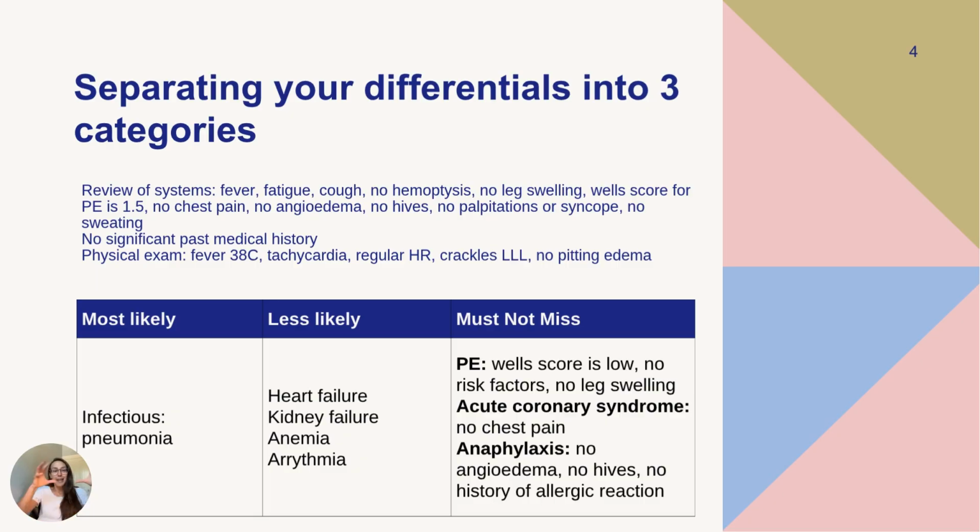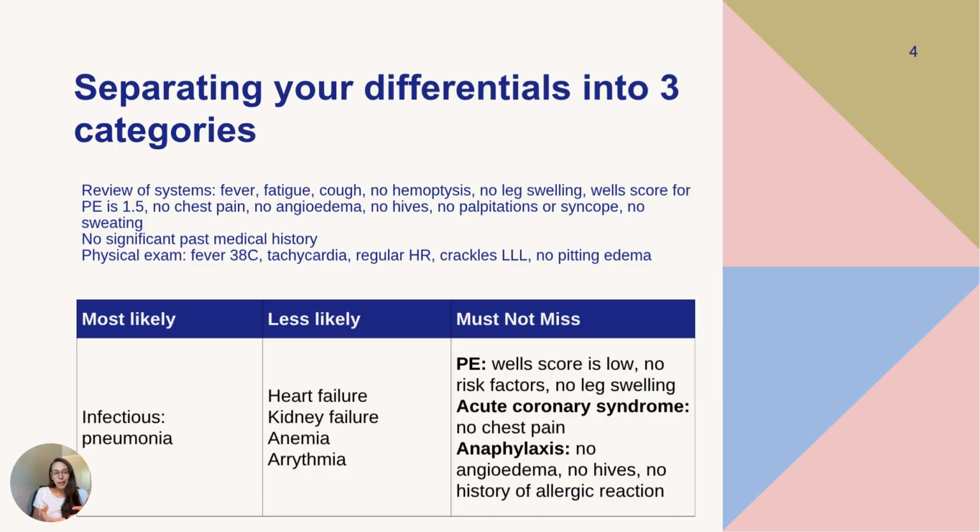So, at the end of the day, with my history, my physical, and maybe additional tests you're ordering, depending on whether you're in an outpatient setting or the emergency department, you're thinking about what's the most likely diagnosis here? Probably pneumonia, based on the presentation, based on disease prevalence at this time of year, if it's flu season. There's mild tachycardia, there's crackles in the lobes, they have a fever.